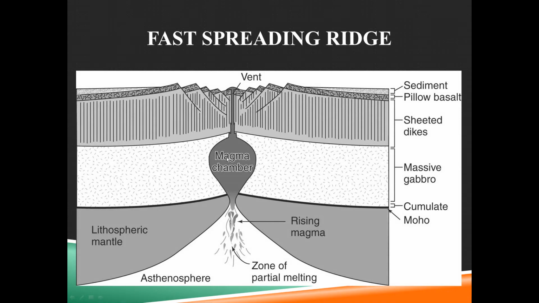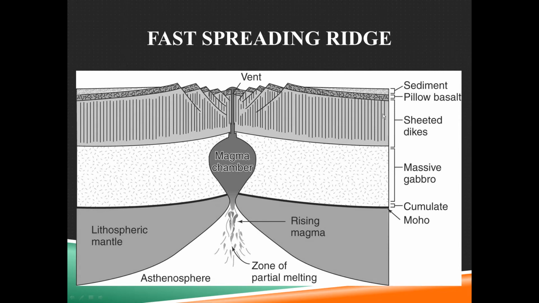The magma chamber is due to the partial melting in the asthenosphere as the pressure is released as it rises, and then it comes out of the vent along the center of the ocean ridge, and it spreads away side to side, all these vertical lines showing you what used to be the edge of the magma vent.